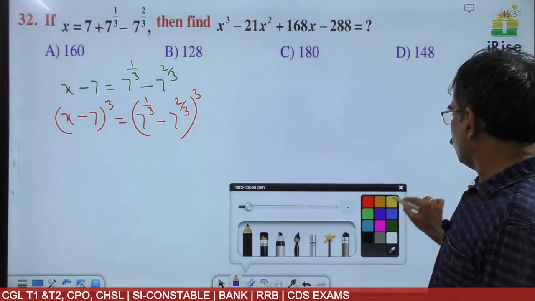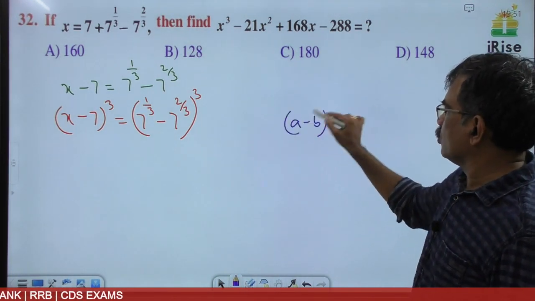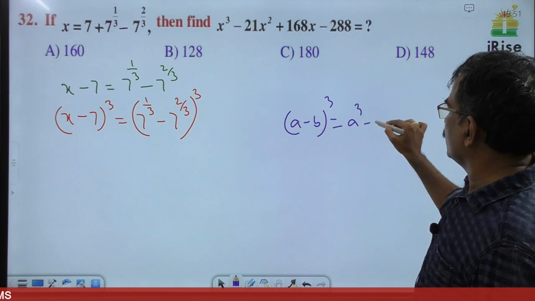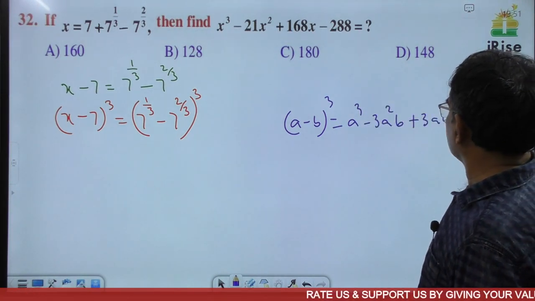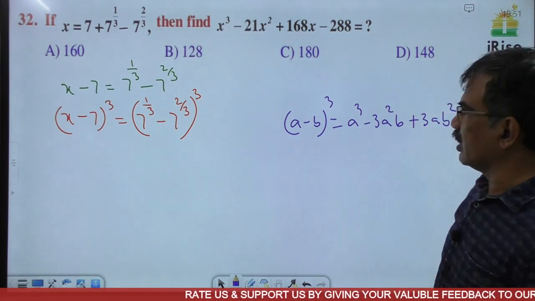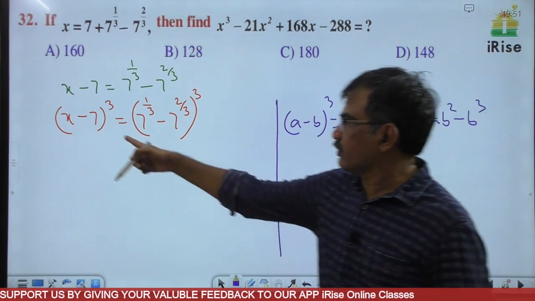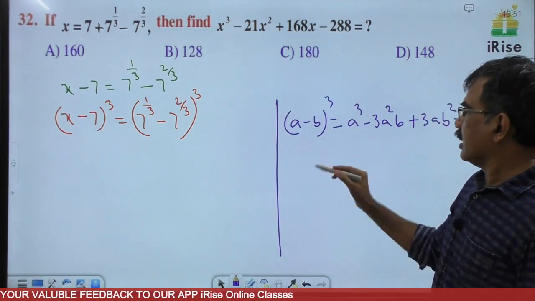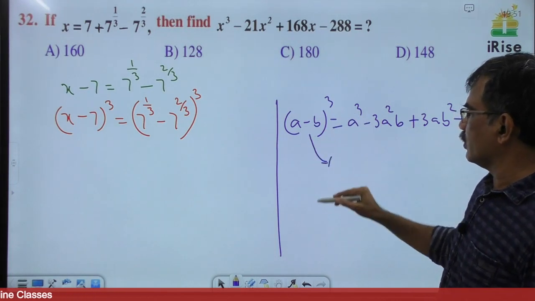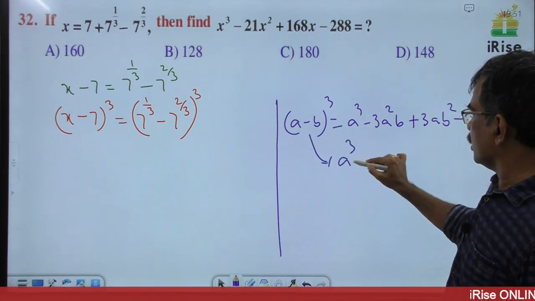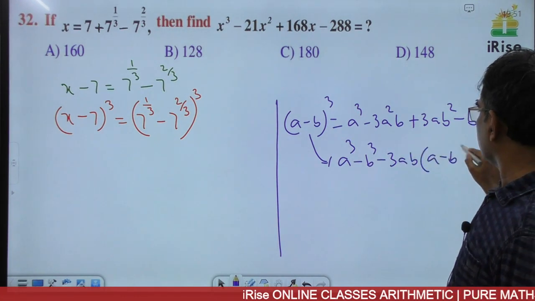I want to use two formulae. One is a minus b whole cube is equal to a cube minus 3a square b plus 3ab square minus b cube, as one formula for the left hand side. And for the right hand side, this is also the same a minus b whole cube formula. This can be written as a cube minus b cube minus 3ab into a minus b.